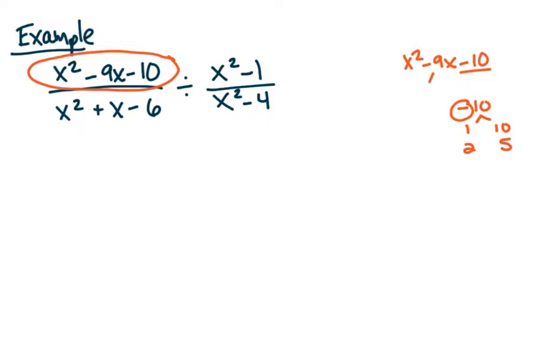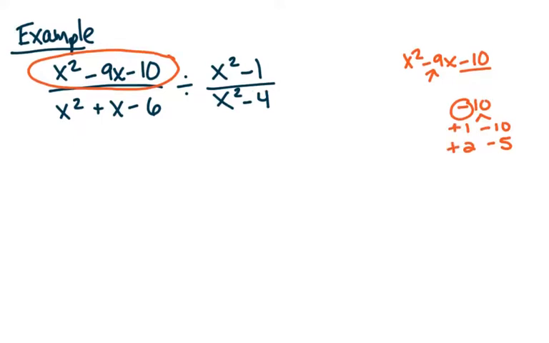So I look at the middle. They're adding to give me a negative 9, so my bigger number has to be negative. And the two that add to give me negative 9 are these two. So the top factors to x plus 1 times x minus 10.